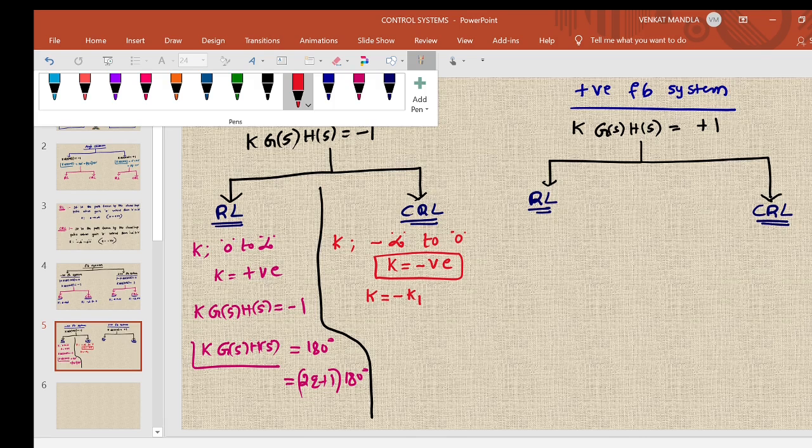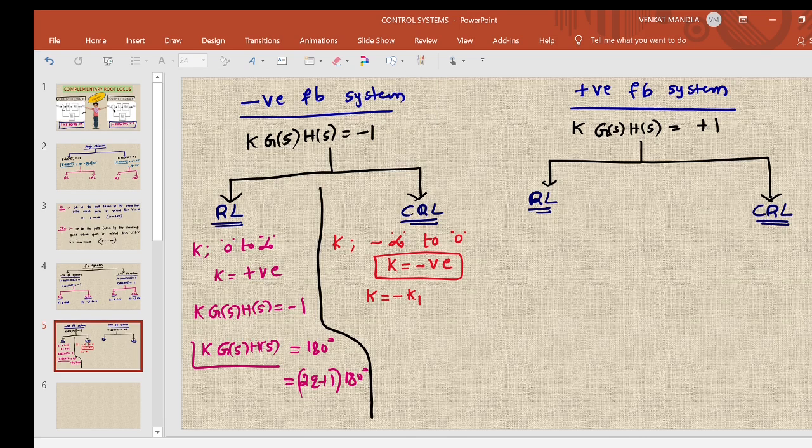What happens if I take K equal to minus K1? K is varied from minus infinity to 0, then K1 is varied from plus infinity to 0.